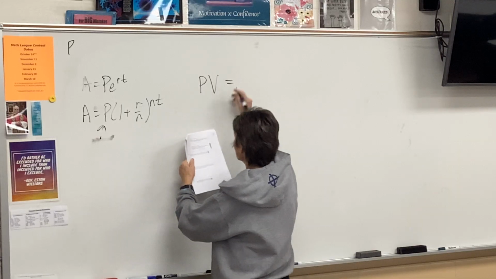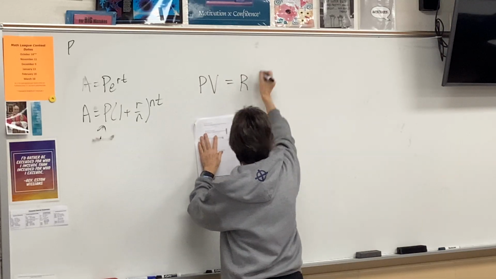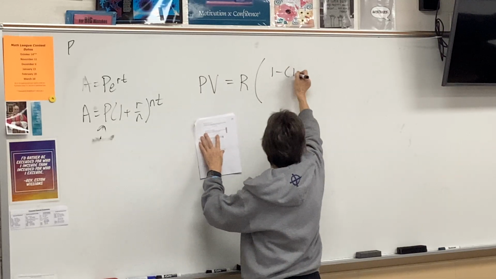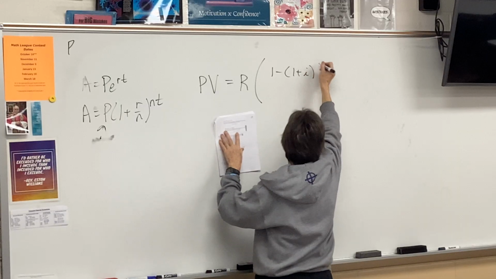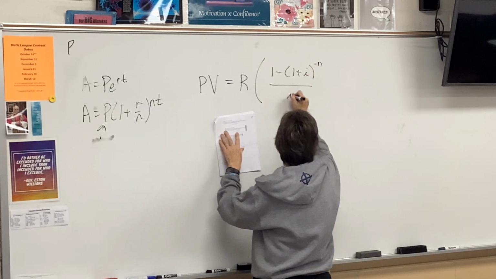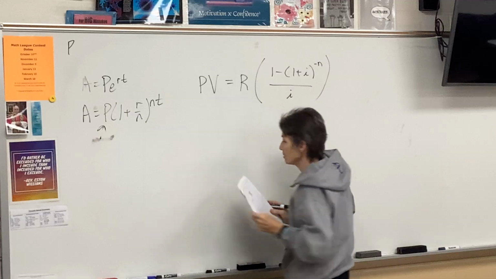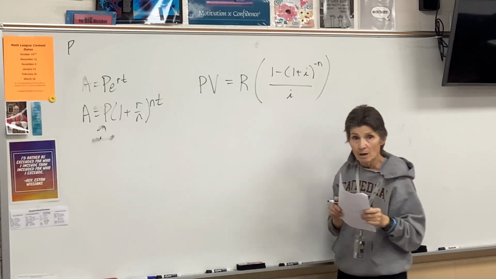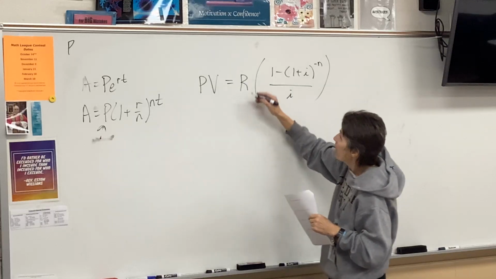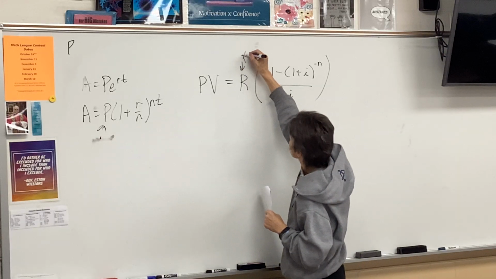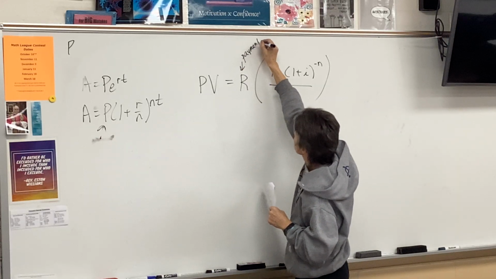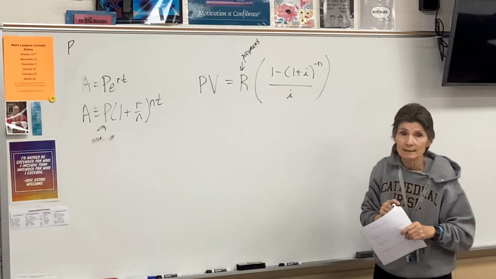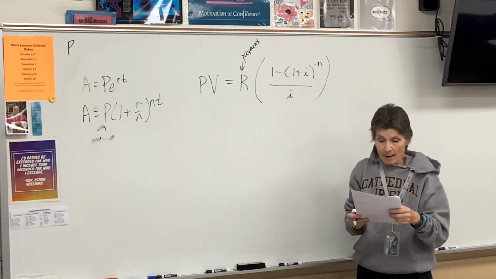Okay. All right, so Carlos, he's paying off a loan, so I'm going to use PV. So I'm going to write that formula down. All right, so there's my PV formula. Now R is the payment amount. So that is what I'm actually looking for.